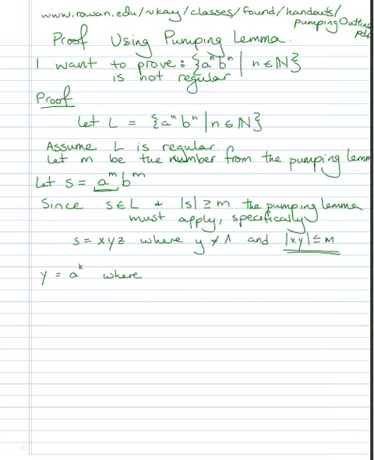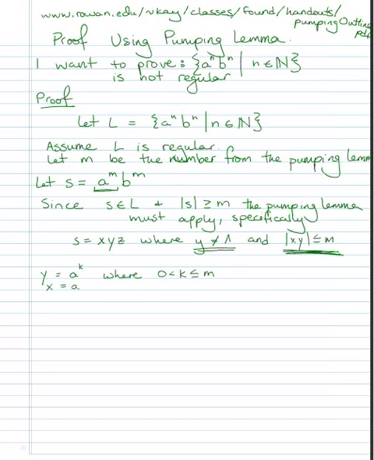K has to be greater than 0 because we know that Y does not equal lambda. And K has to be less than or equal to M because the length of XY has to be less than or equal to M, and I suppose X could be empty, and that would make K equal M. Meanwhile, let's think about X. X is also going to have to be all a's.